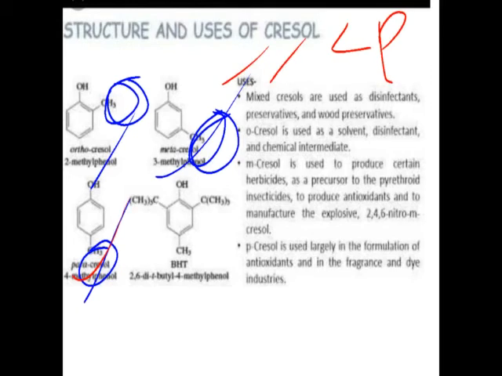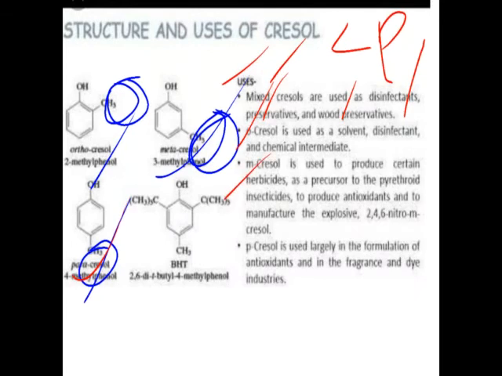Cresol can be used as a disinfectant, preservative, as well as a wood preservative. It is also useful as a solvent, as a disinfectant, as well as a chemical intermediate for the preparation of different chemicals. Those chemical intermediates can be prepared with the help of orthocresol.